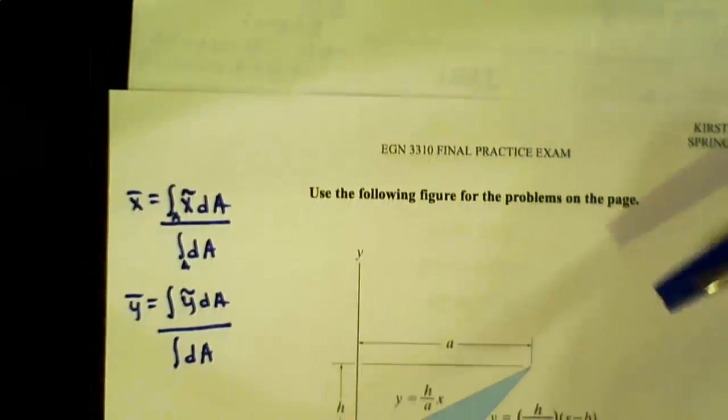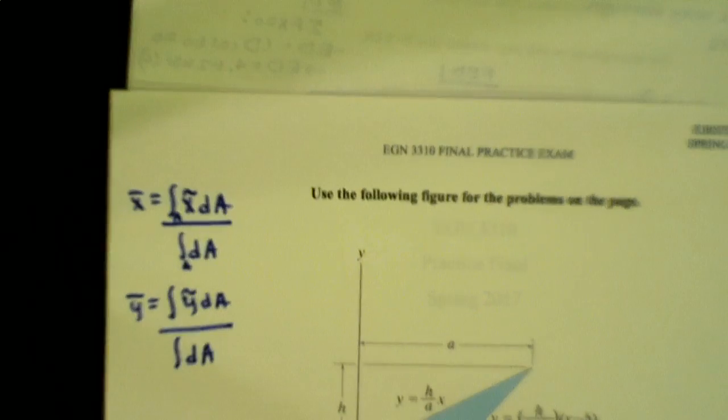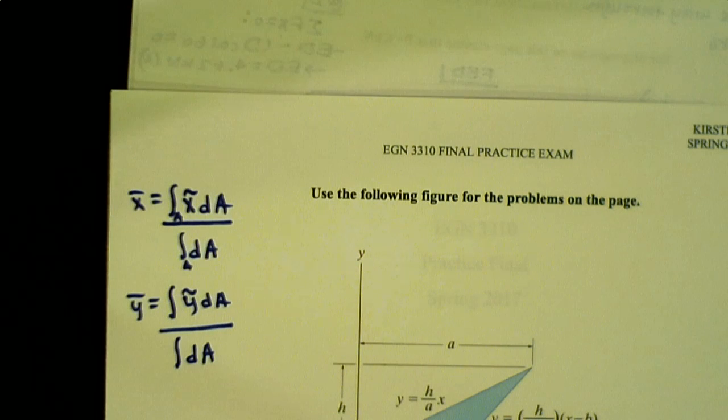We know the equation we're going to use to find the centroid is the integral of x tilde times dA over the integral of dA. And for y bar, it's the integral of y tilde times dA over the integral of dA.